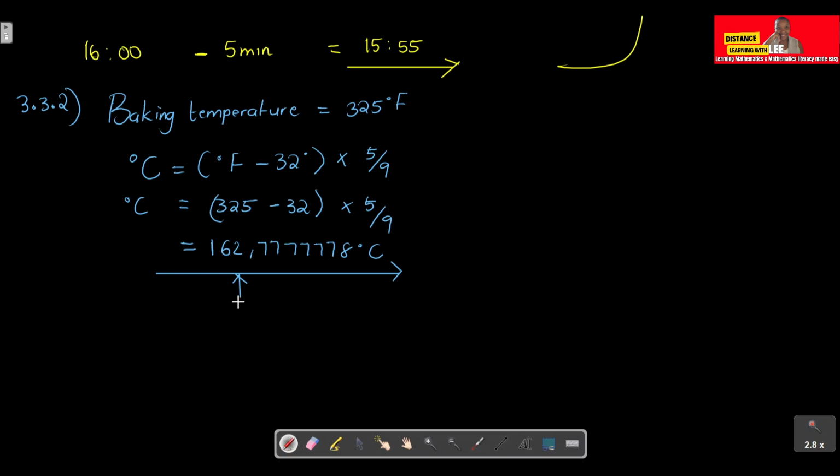So in this case, to round it off to the nearest 10 degrees, this 2 tells us that we're not supposed to change this 6. Because we want to round it off to the nearest 10 degrees, you won't leave it as 162, you'll just leave it as 160.